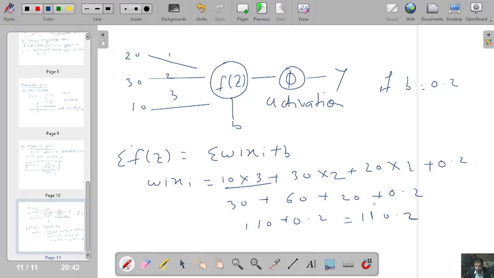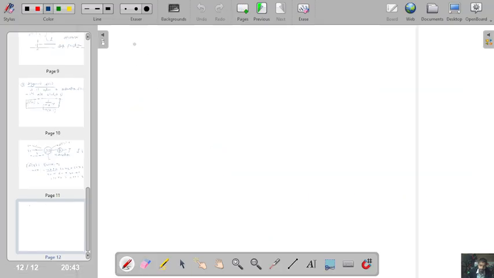And so next it is my f of z, and here we apply activation function. Here sigmoid function applied.